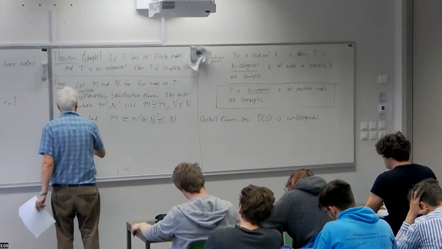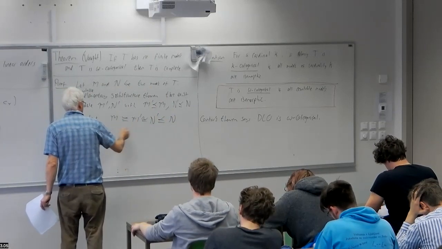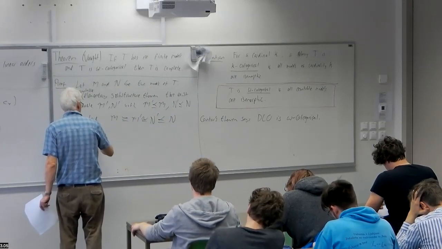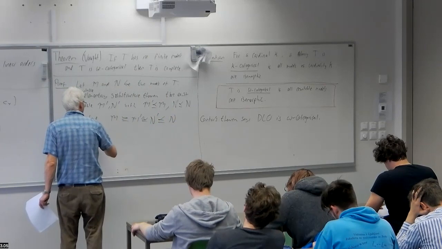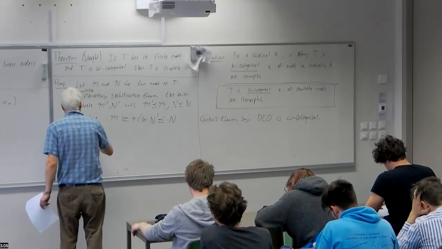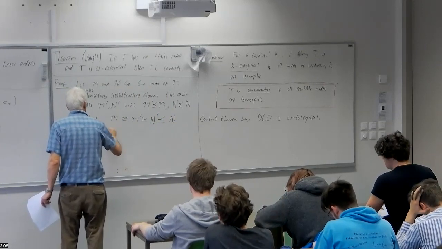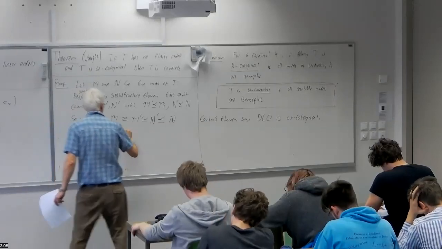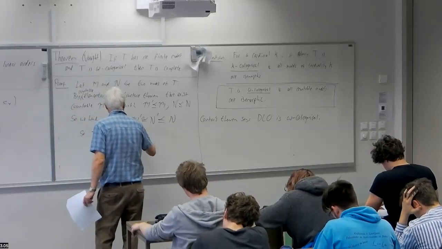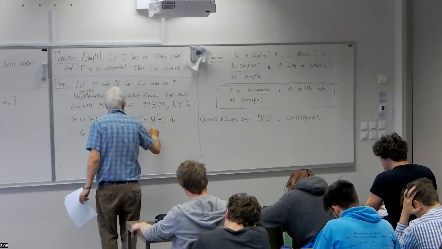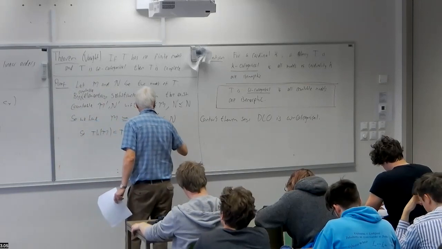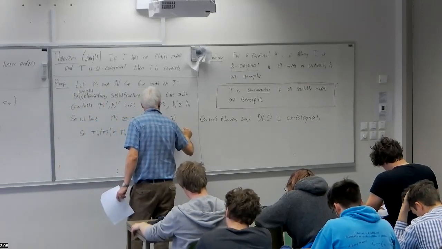The theories of all these structures are the same because they elementarily embed in each other. So the theory of M is the theory of M prime, is the theory of N prime, is the theory of N.